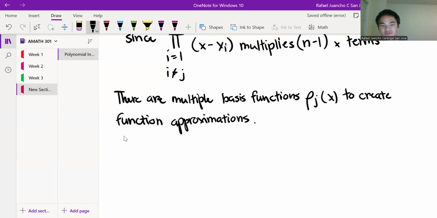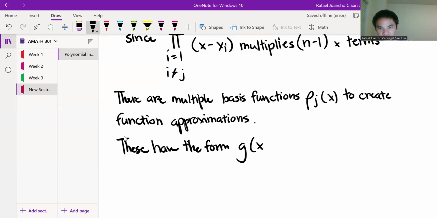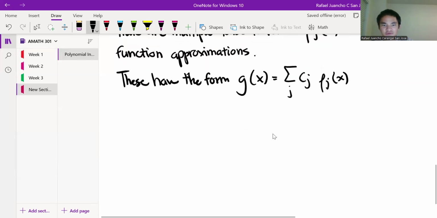So there are tons of basis functions to create these approximations. And these usually have the form: g of x is my function approximation. I do a summation here of cj rho j of x. And what's my cj doing here?